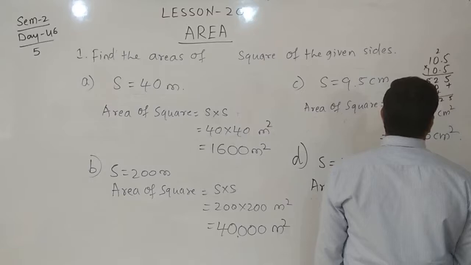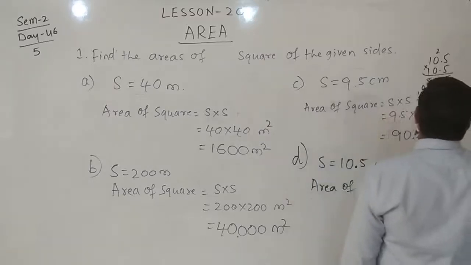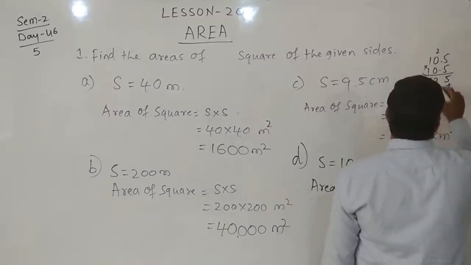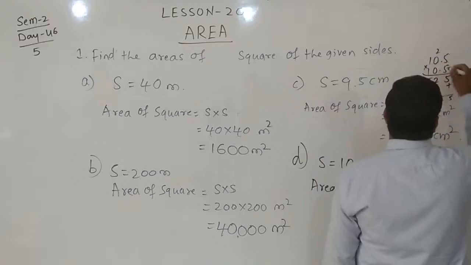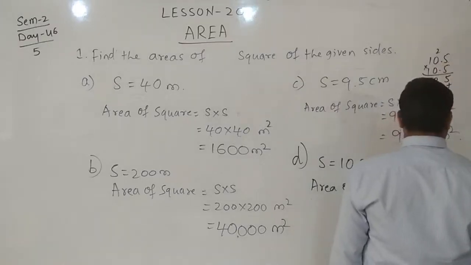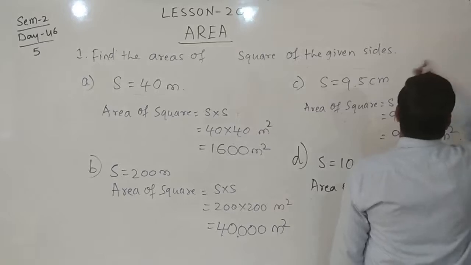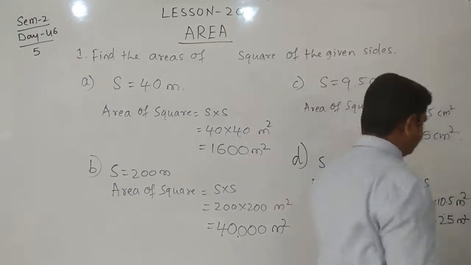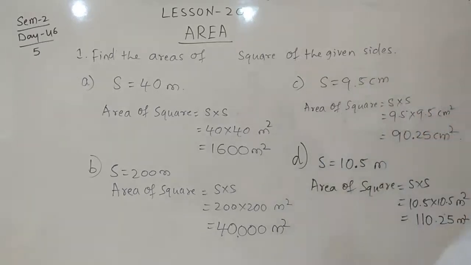110.25 with 2 decimals, meter square. Write down this one.